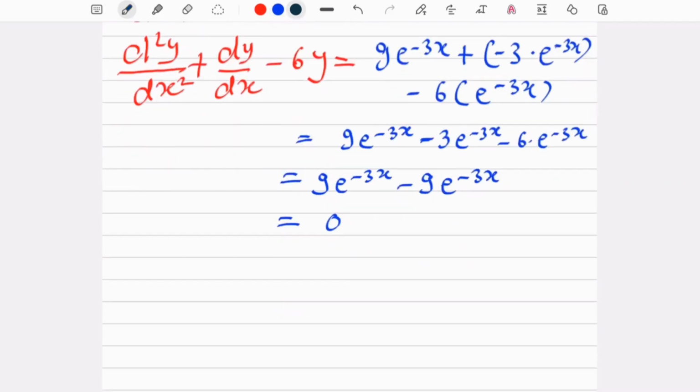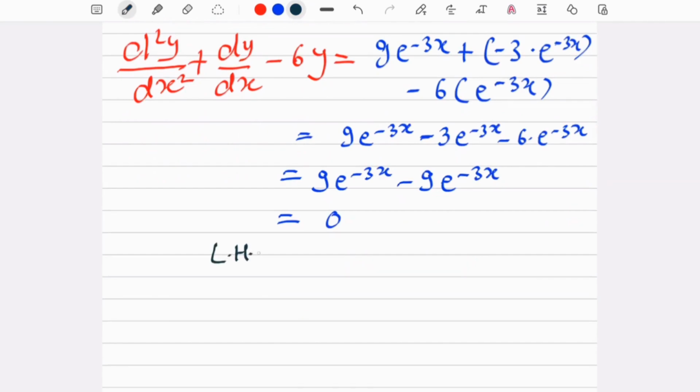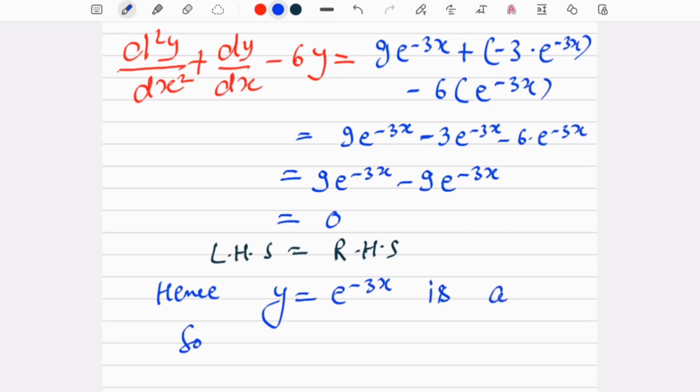So finally I can state that the left hand side of the differential equation is equal to the right hand side, hence y is equal to e raised to minus 3x is a solution of the given differential equation. Is it clear?